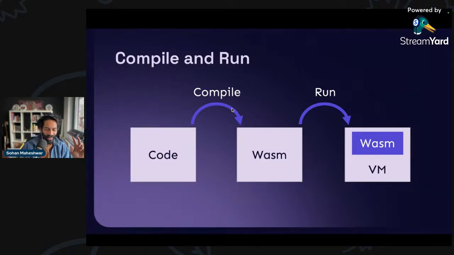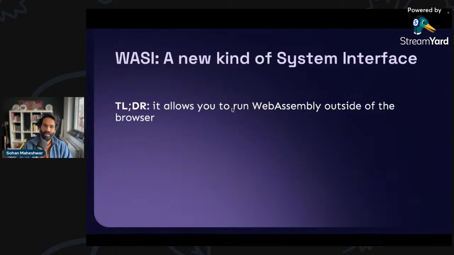Now, I just said something interesting, right? Which was, it was meant for the browser, but I mentioned something about server side as well. What's going on there? So the thing is, up until 2019, WebAssembly was exclusively for the browser, right? And in 2019, the thing called WASI was introduced. And this is what was referenced in the tweet by Solomon Hykes. WASI essentially stands for WebAssembly Systems Interface, or a new kind of systems interface.